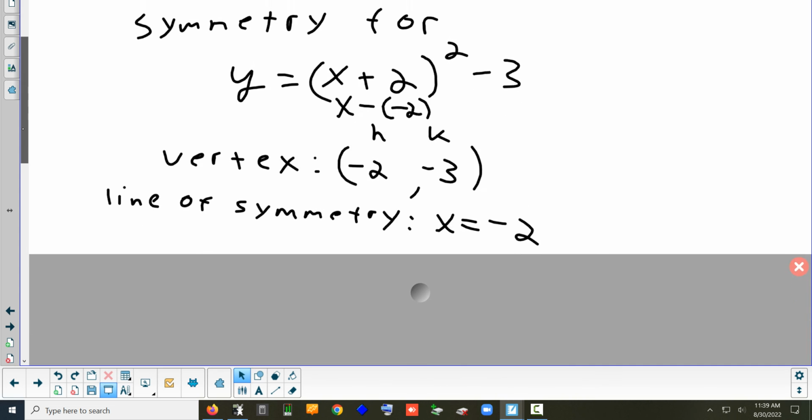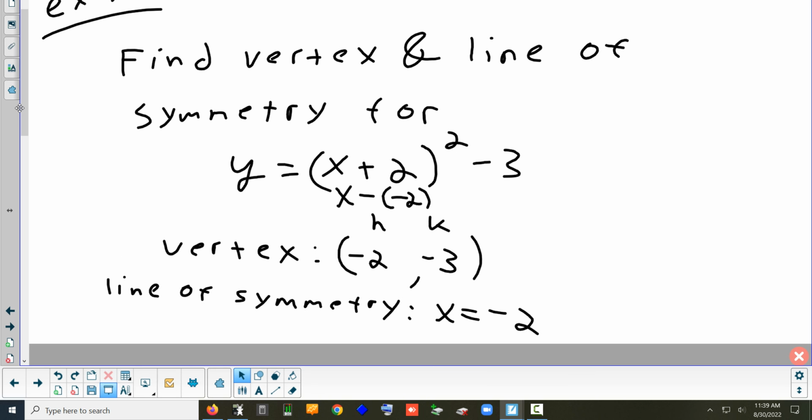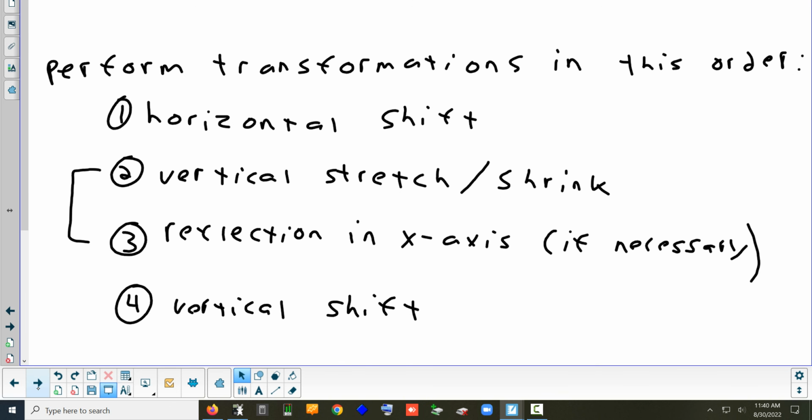All right, so we need to talk a little bit about the order. When we do transformations, it is like PEMDAS, and order makes a difference. So when we have a problem with multiple transformations, that's the order you follow.